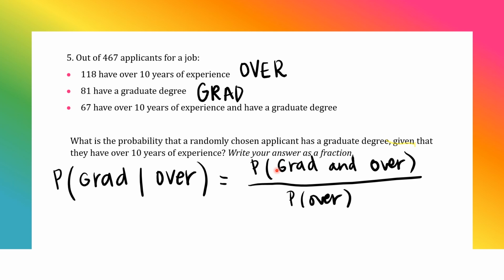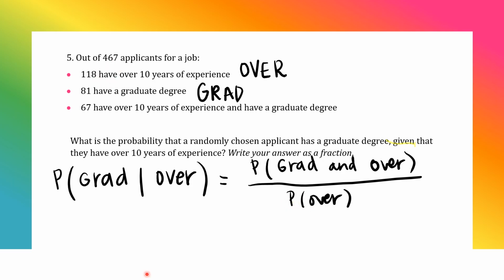Looking at the numerator, we were told that 67 applicants had both a graduate degree and over 10 years experience. So that's going to be 67 out of our 467 applicants. And then for over 10 years experience, we would say 118 out of the 467 applicants.